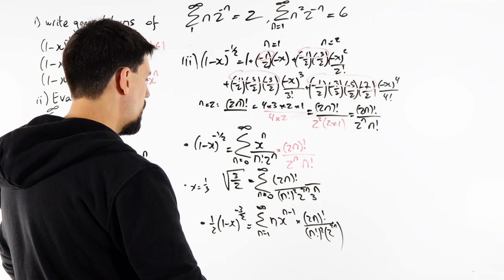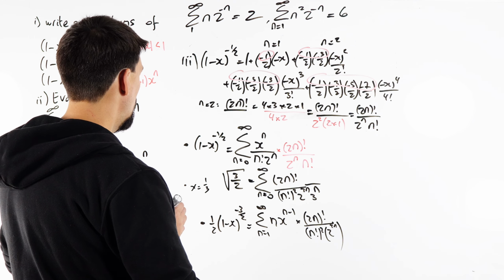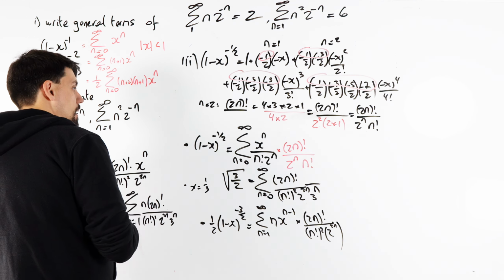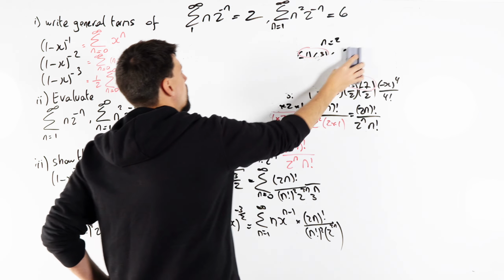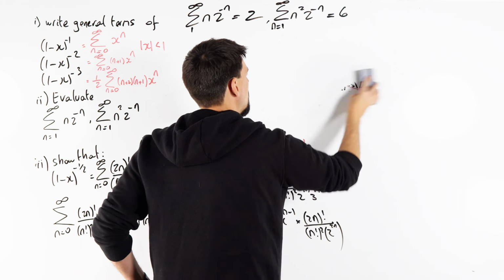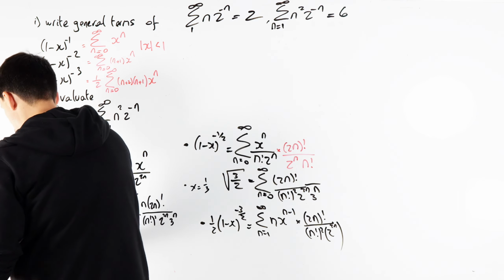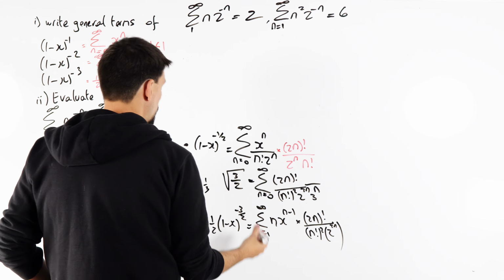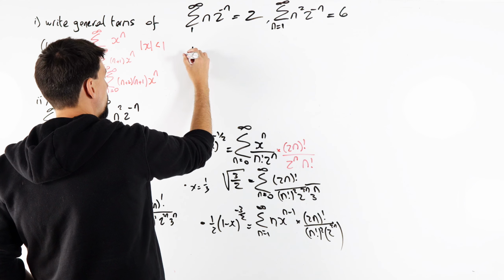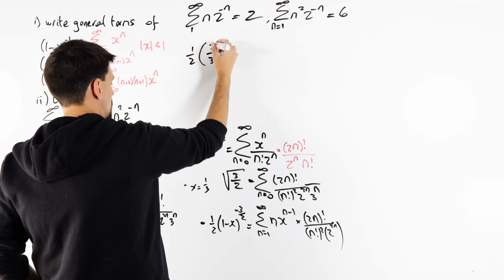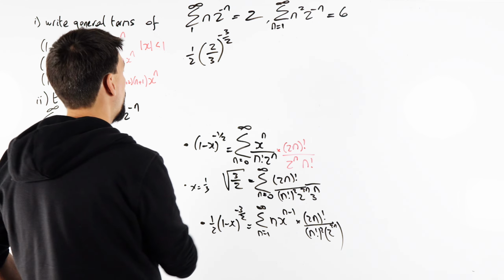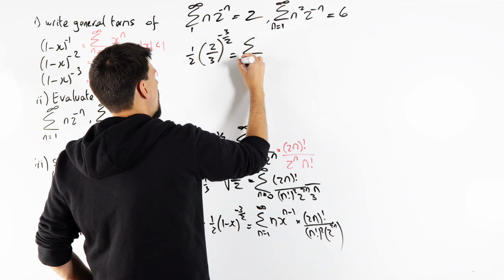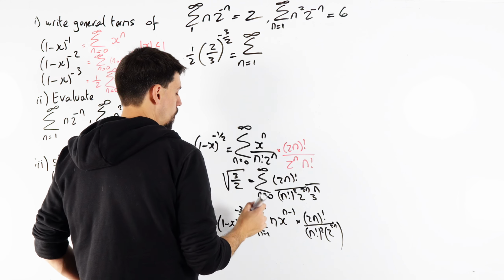But really what we are going to do is take a little bit of space up here. Again, just eating up the whiteboard. We're going to plug in x is a third again. 1/2, 2/3 to the minus 3 over 2. We might have to play around with that a little bit. Is equal to the sum, n is 1 to infinity. Why 1 to infinity?